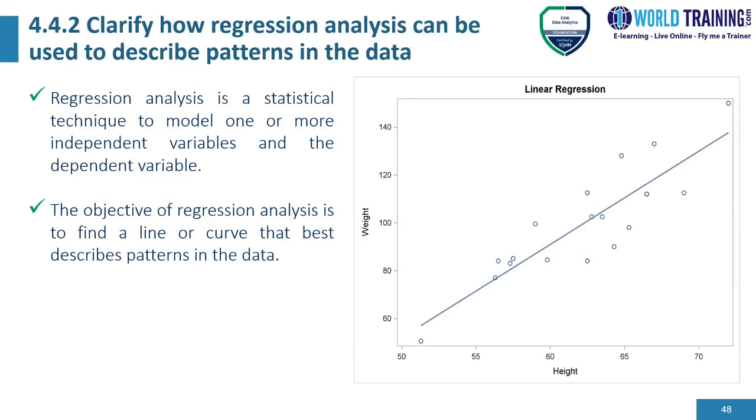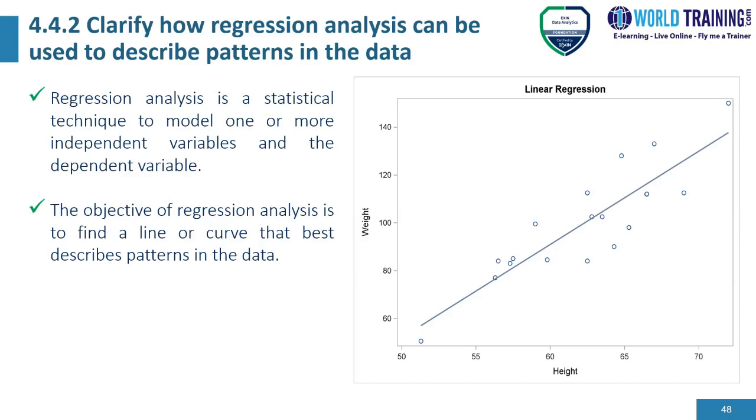Regression analysis, as we understand, is a statistical technique wherein you try to model the relationship between one or more independent variables and a dependent variable. It is one of the simplest models in statistics that can be applied in data analytics for prediction. It is one of the earliest and most simplistic models.